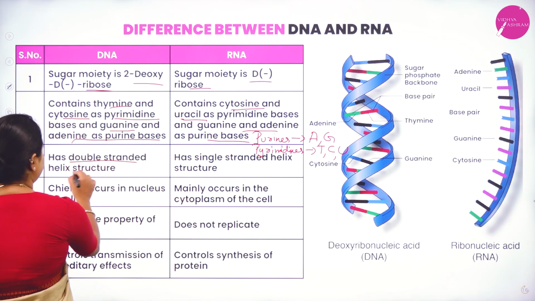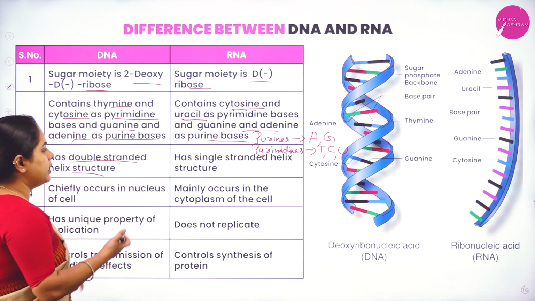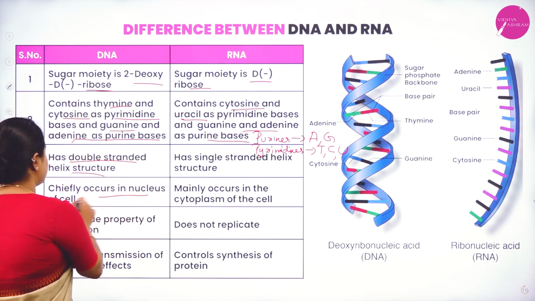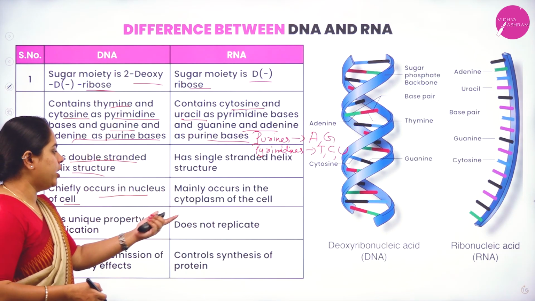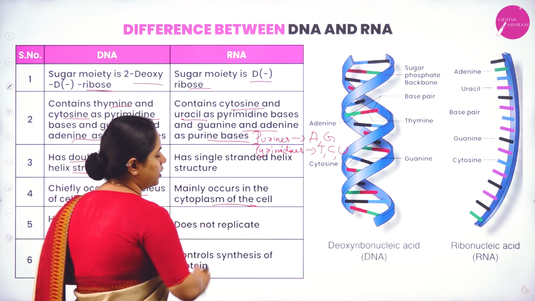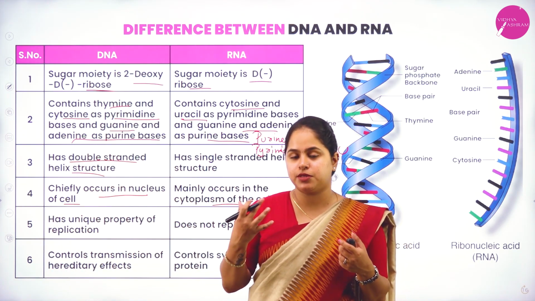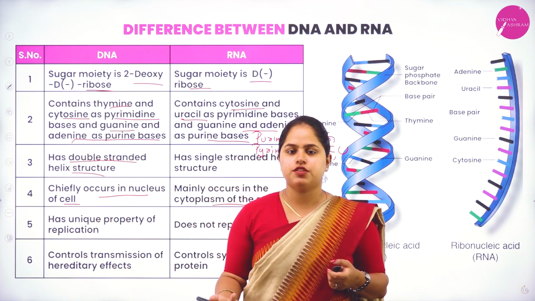Now, it has a double helical structure in DNA and it has a single stranded helical structure in case of RNA. DNA chiefly occurs in the nucleus of the cell and RNA mainly occurs in the cytoplasm of the cell, right? Because it is present in the cytoplasm of the cell, it helps in protein synthesis and the transfer of it, right?